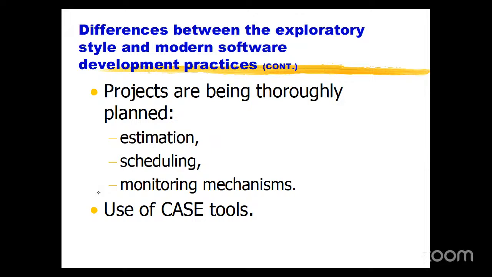Now, before we go for the life cycle phases, they go for estimation, scheduling, costing, and monitoring mechanisms. We are planning and using case tools. So these are the differences between the exploratory style and modern software development practices.